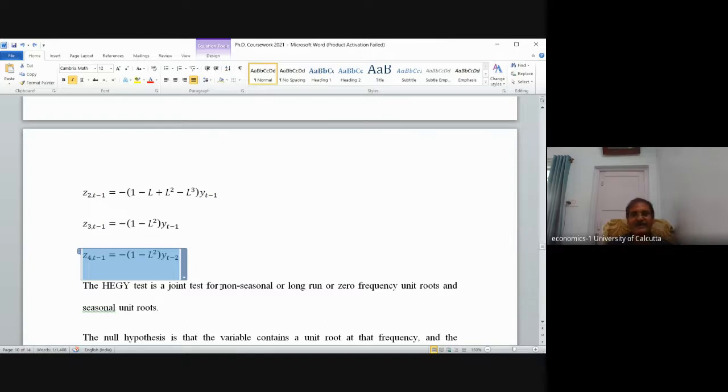Even in the case of quarterly data, there are two possibilities as we have shown. One is 2 cycles within a year. Another one is 1 cycle within a year. In the case of 2 cycles, each quarter contains half cycle. In the case of single cycle, each quarter contains 1/4 of the cycle.